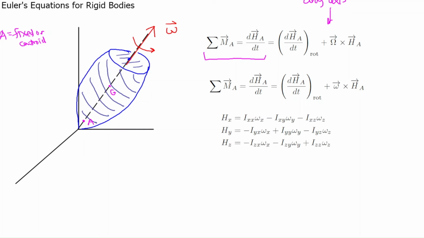So here we have those components. Just by way of reminder, if you see something with the same double subscript here, like I sub xx, this is called a moment of inertia.